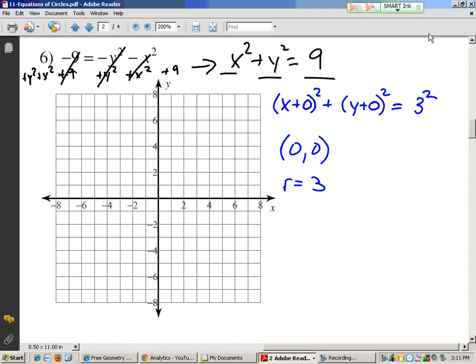So plotting that, 0, 0, radius of 3, and draw yourself your little circle. The end.